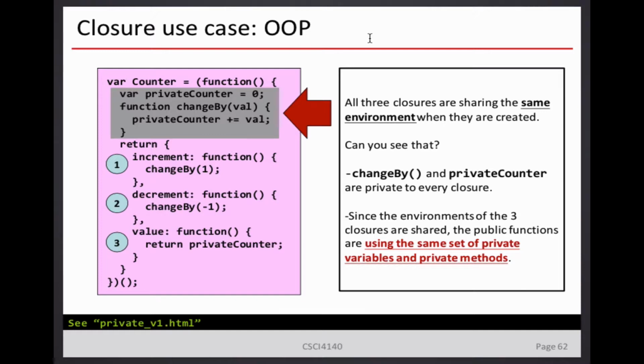Now what is going on here? It is as if I am creating a private method in Java, right? Still remember Java has private methods. So here is a private method, and as if I create a closure. This closure is pointing to this definition, and now let's start a chain reaction.